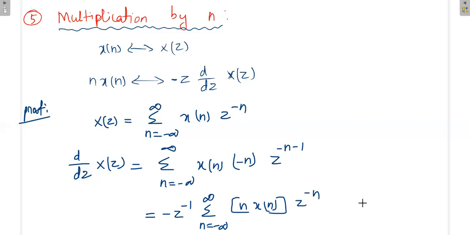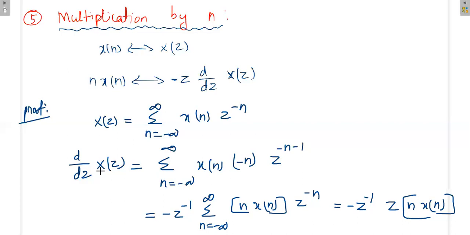This we can write like minus z inverse, and the z transform of the signal n into x of n.